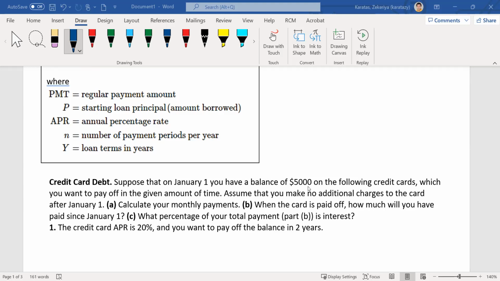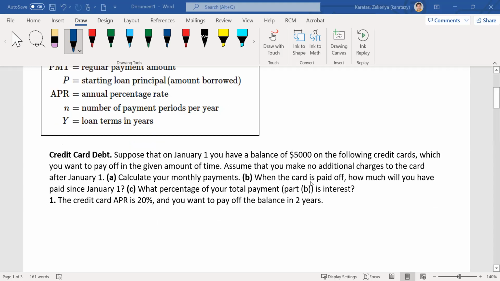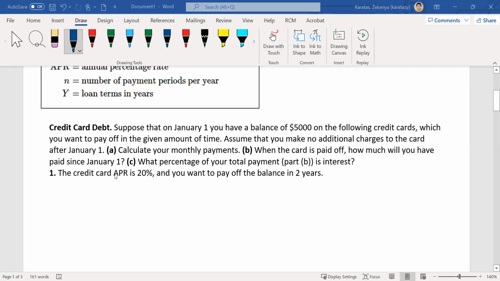But this time you have a balance and you want to pay it off, with no additional purchases made with this credit card. There's $5,000 in there, and you want to pay it off within 2 years, and the APR, the rate, is 20%. Usually you get this in between 14 to 24%, but here it's just 20%.